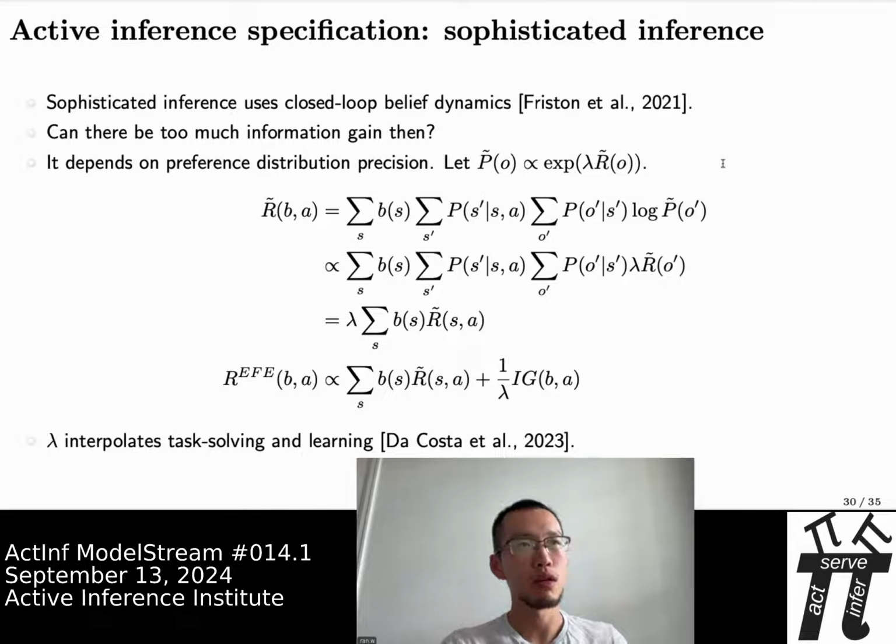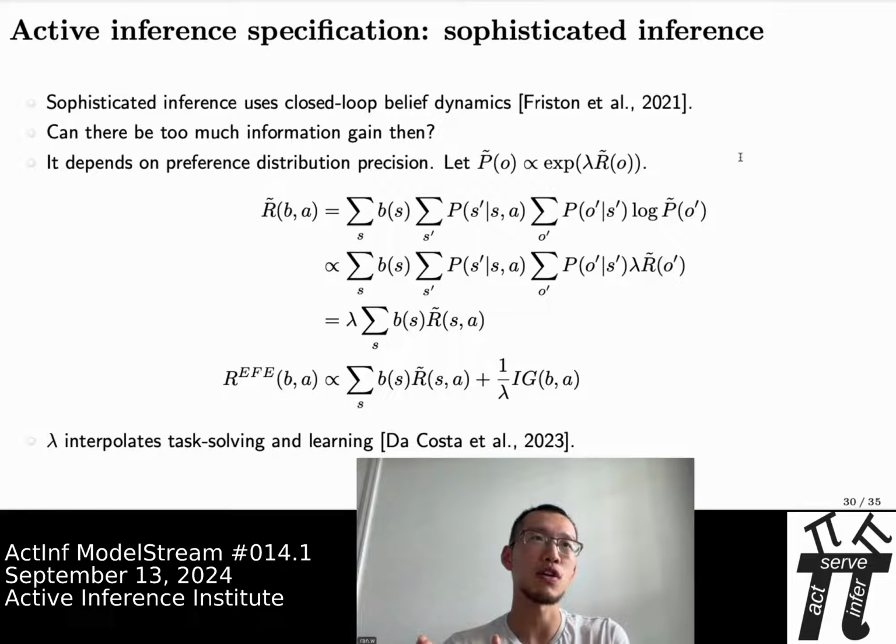So for practitioners, there's a potential problem with sophisticated inference, which is that now you're basically being Bayes optimal with your belief dynamics, but you're adding an additional term in your reward, which means that if the behavior is supposed to be produced by the Bayes optimal policy, you are now ruining it with the additional information gain term.